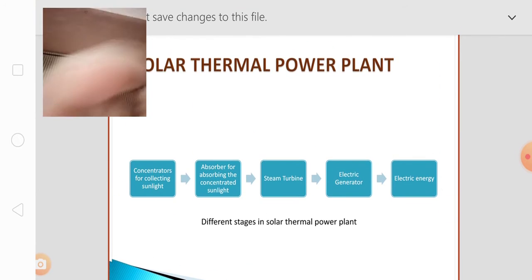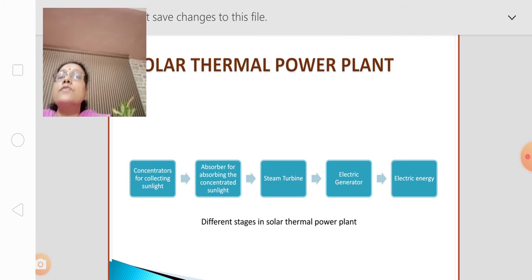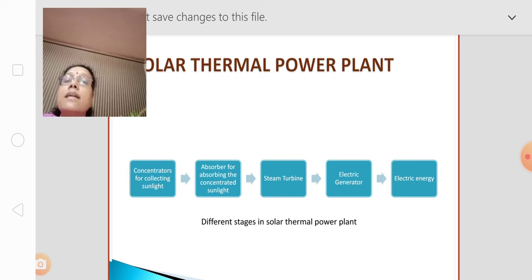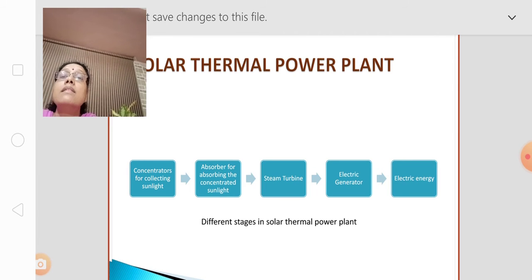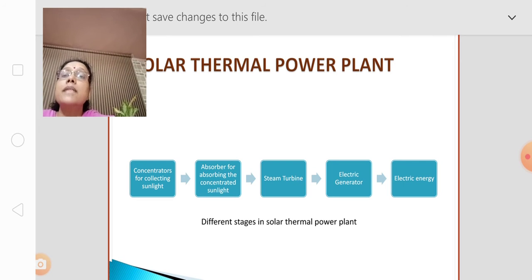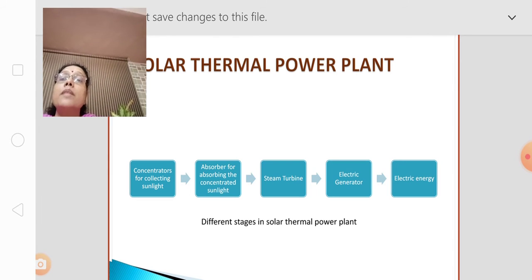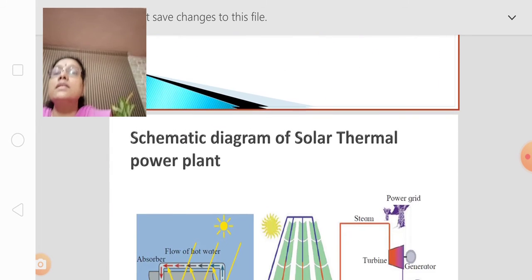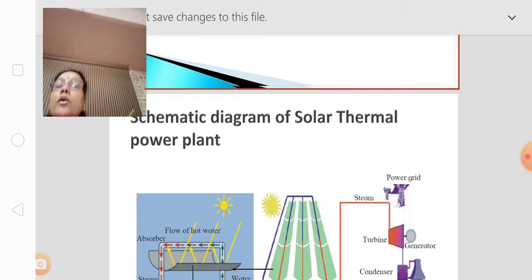Here there are concentrators for collecting the sunlight, an absorber for absorbing the concentrated sunlight, then a steam turbine, then an electric generator, then electricity. These are the different stages in a solar thermal power plant. There is one diagram also given, a schematic diagram of a solar thermal power plant.